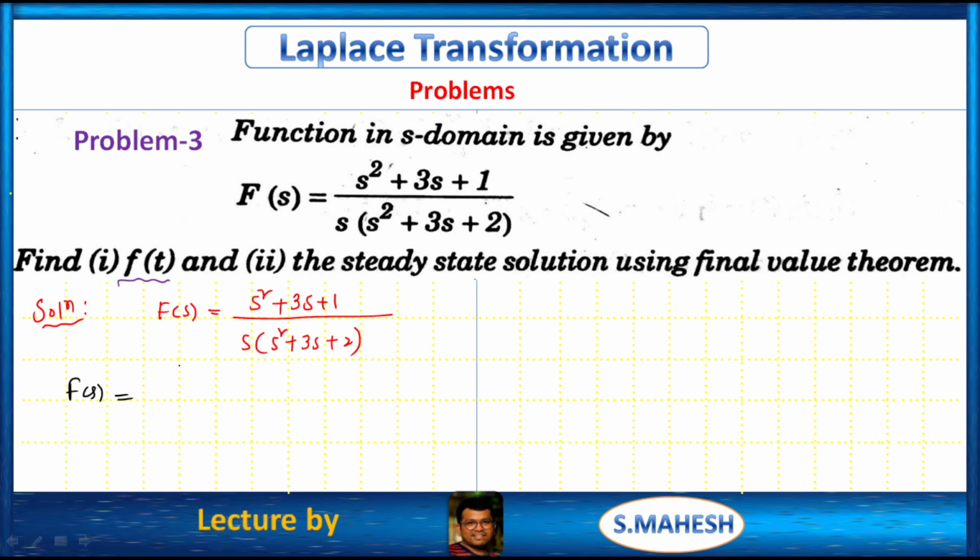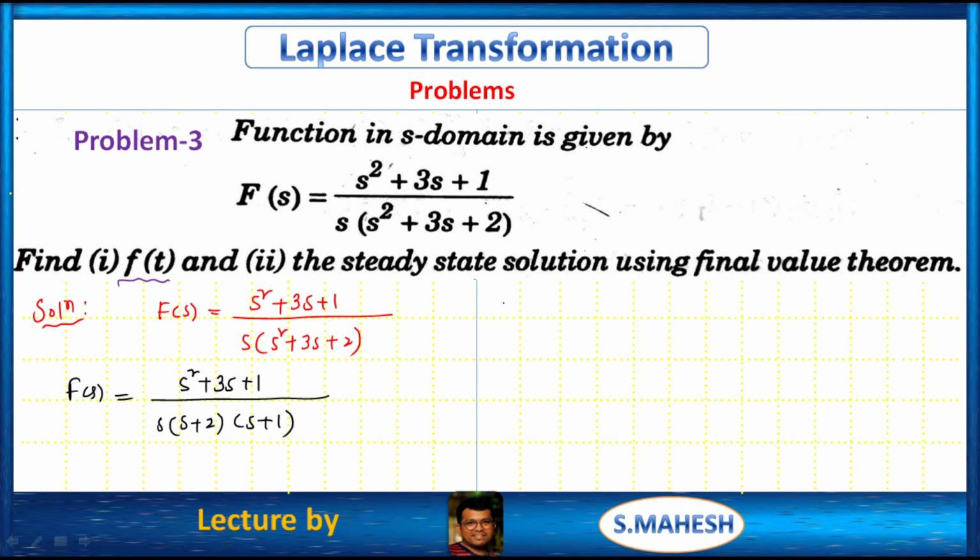So for this, f of s should be equal to s square plus 3s plus 1, which could be written like this: s plus 2 into s plus 1. Can we write like this?